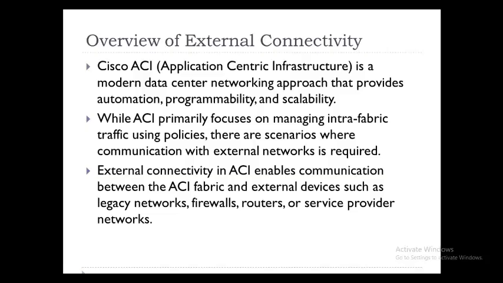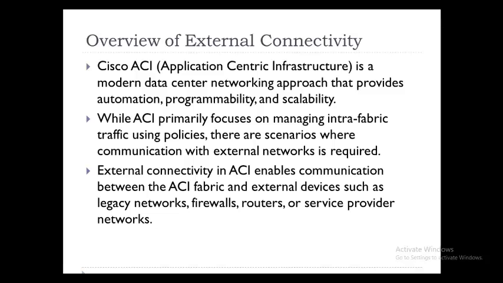External connectivity in ACI enables communication between the ACI fabric and external devices such as legacy networks. That's what I was talking about. Traditional network, legacy network, firewalls. For inspection, you don't have the firewall as a VM inside the ACI fabric. You have an external firewall outside.